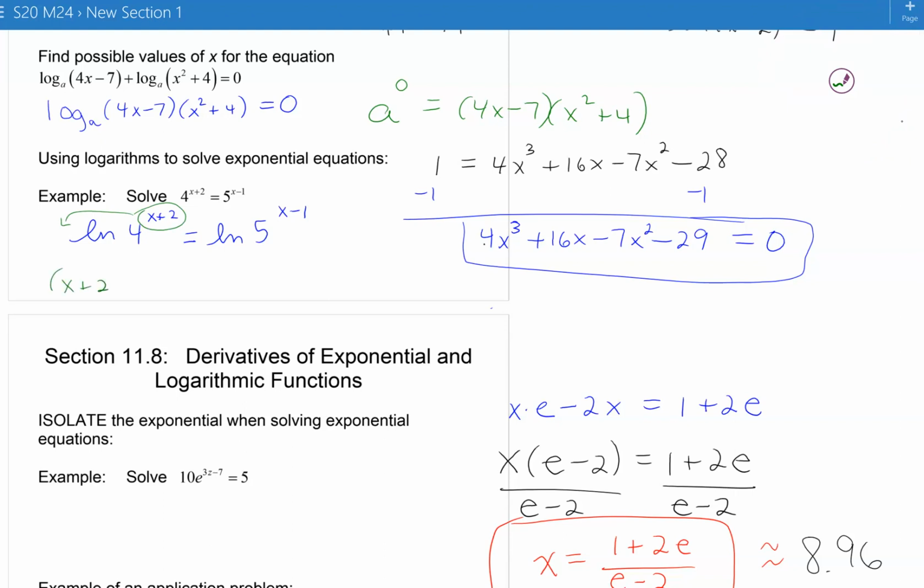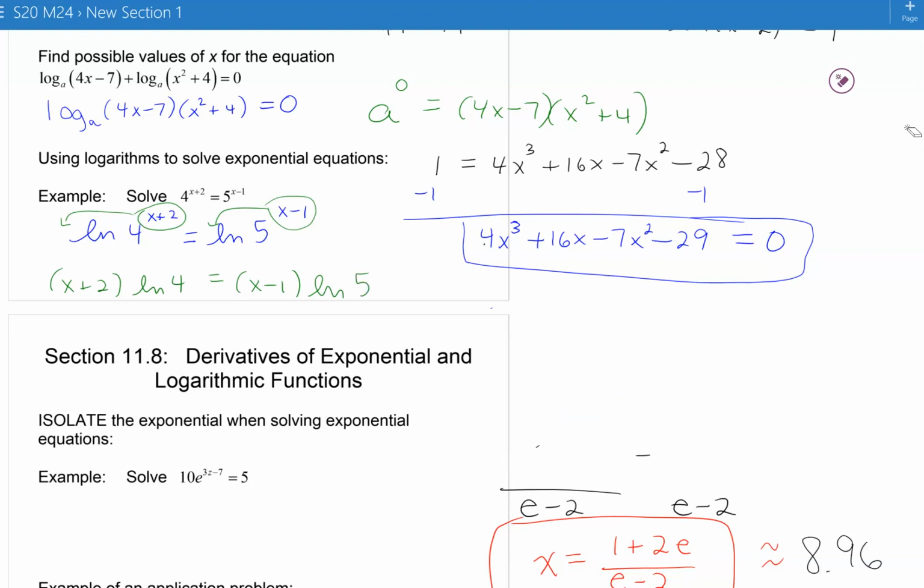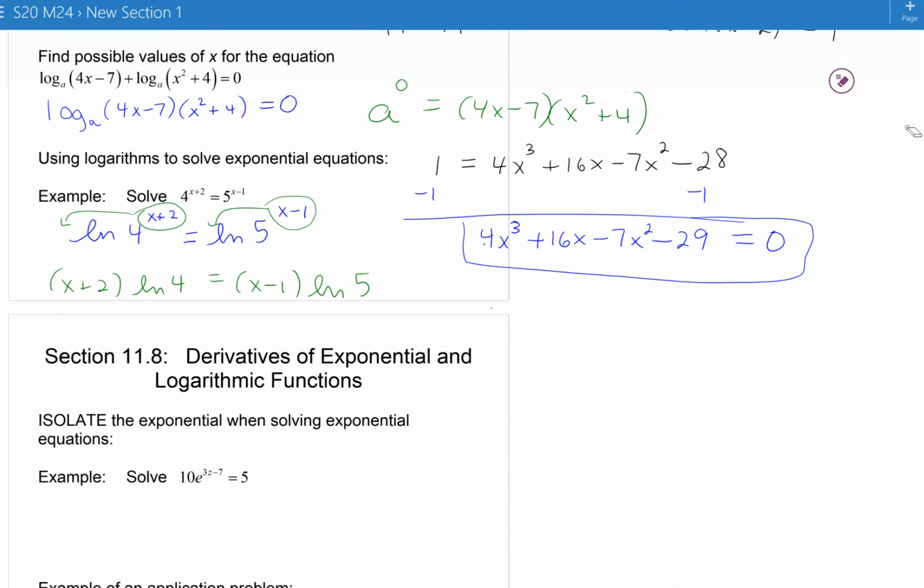Make sure and keep it gathered together with parentheses. And this exponent can come down in the front. And now we need to solve for x. So if x is in parentheses, we need to distribute to get it out of the parentheses.